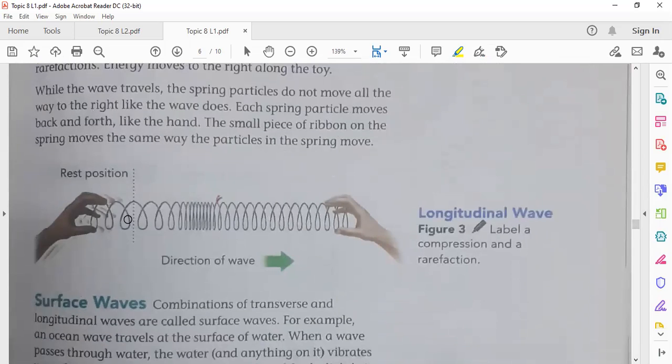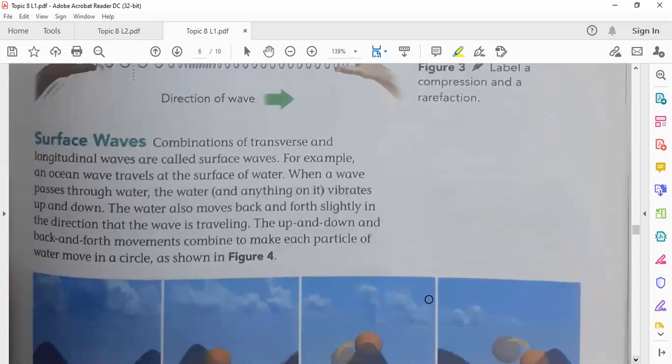This spring shows the longitudinal waves. This area is called compression, and this area is called rarefaction. We also have another type of waves called surface waves. Combinations of transverse and longitudinal waves are called surface waves.